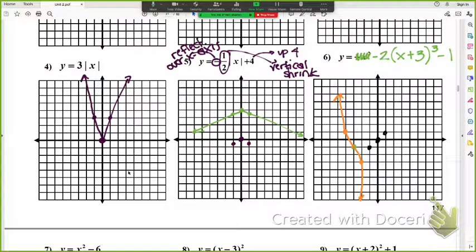Left 3, down 1 would land my points here. Then reflect. It would flip the 2 bottom points up here. And then stretch means this one would double up to 4. This one would double up to 2, and that one would stay. So if I did it in the wrong order, I'd end up with that.